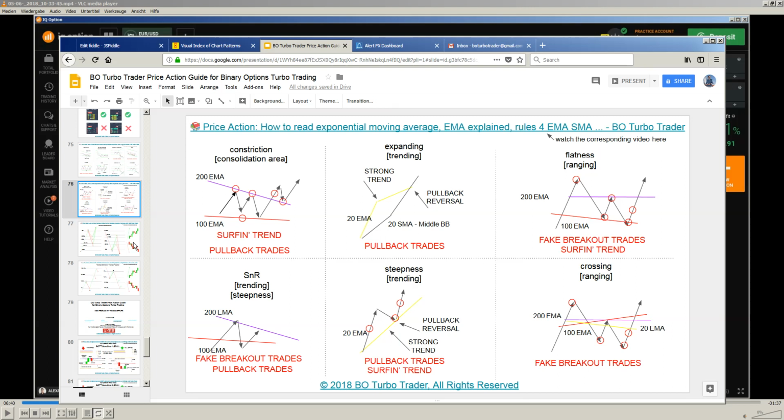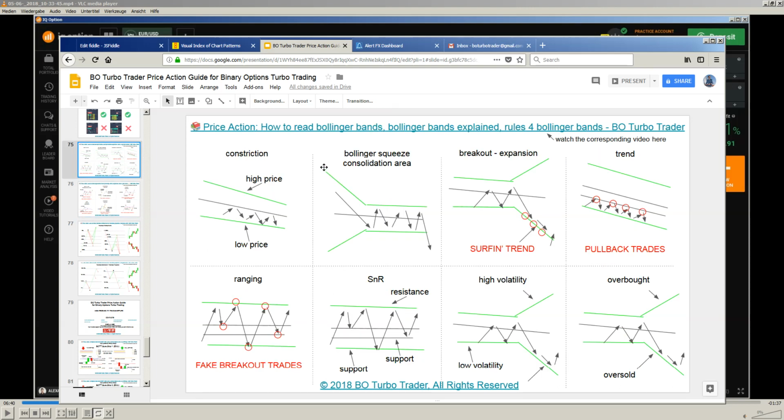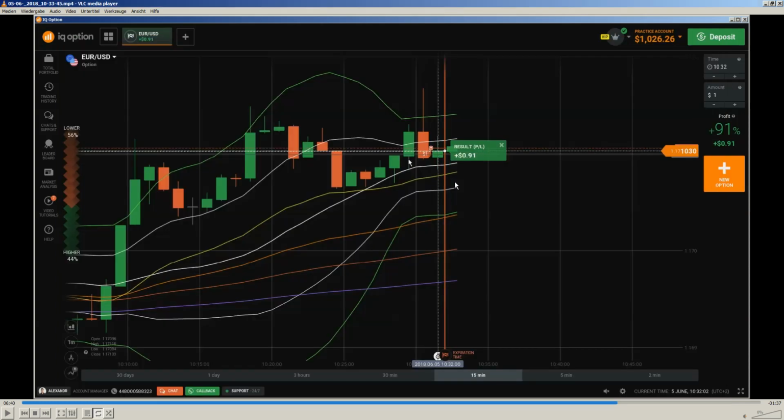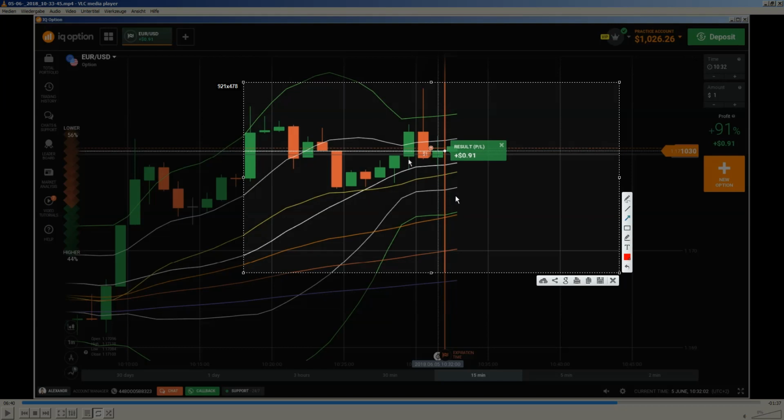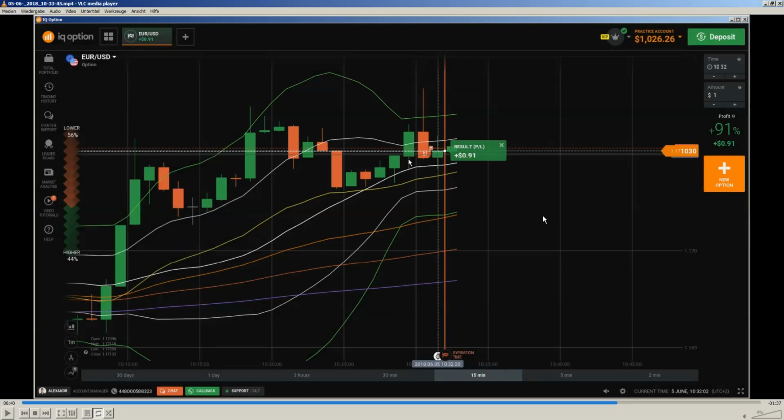And then the middle Bollinger Band here, where I show you the Bollinger Squeeze, the consolidation area, you see they're getting together, and then price is stuck in between. Because we are in between, price got a rejection here from the middle Bollinger Band, and they are so close together that an entry point at this level would be out of the money. So I think that was enough.